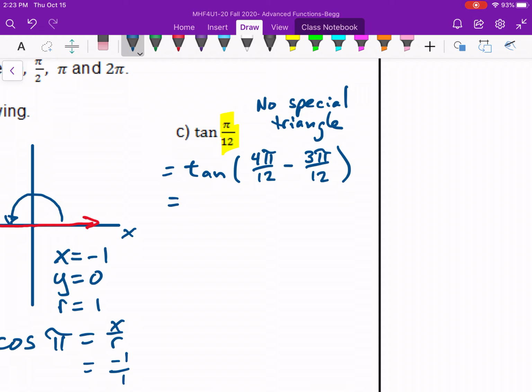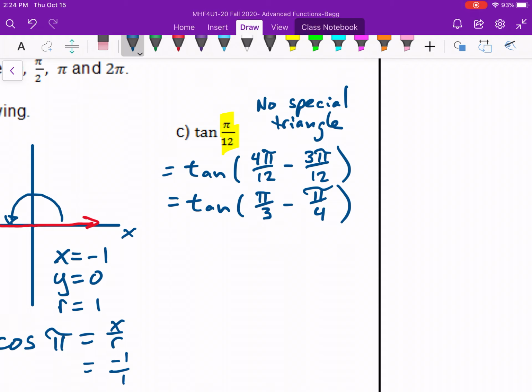And that's because I was thinking in terms of equivalent fractions. 4 pi over 12 reduces to just pi over 3, which we have a special triangle for. Likewise, 3 pi over 12 reduces to pi over 4. We have a special triangle for that one as well. So I can take the tan of pi over 3 minus pi over 4, and then I would be able to figure out what the tan of pi over 12 is.